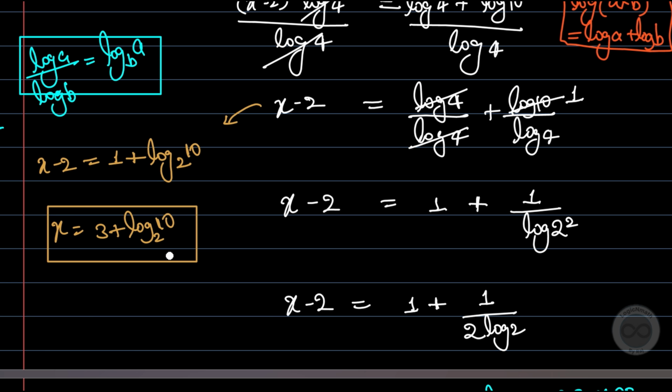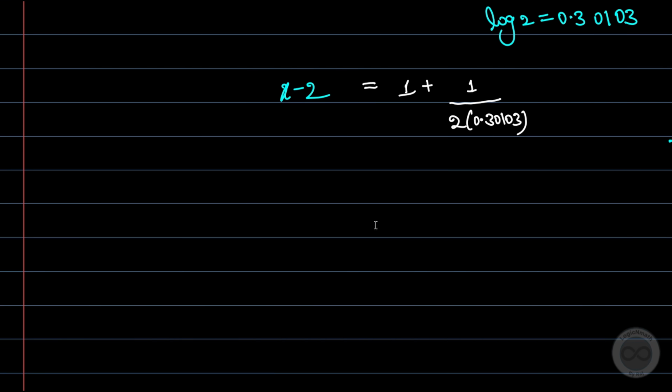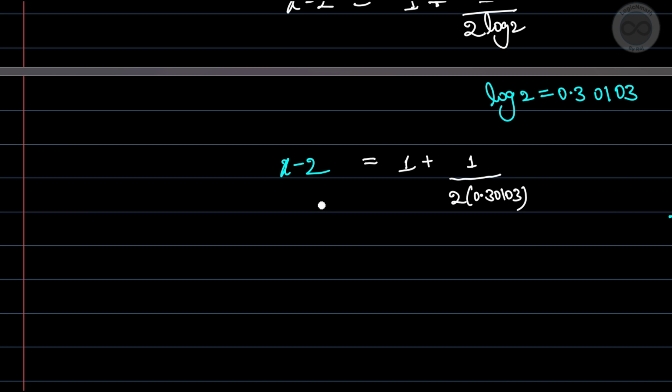But we are also going to find the numerical answer, so that's why we are going through these steps. So now x minus 2 is equal to 1 plus 1 over 2 times 0.3010.